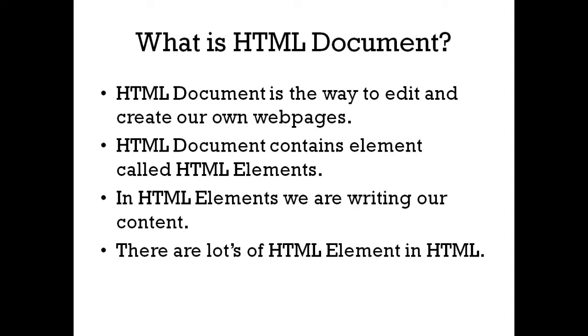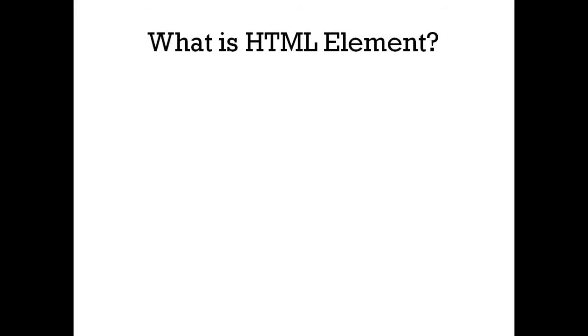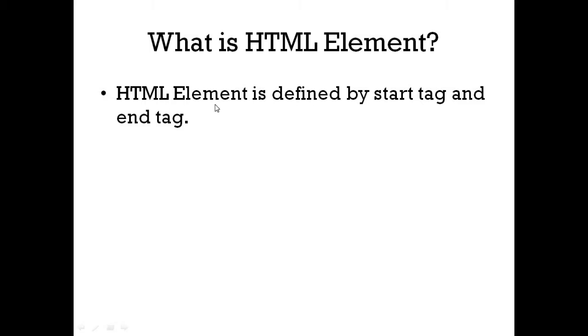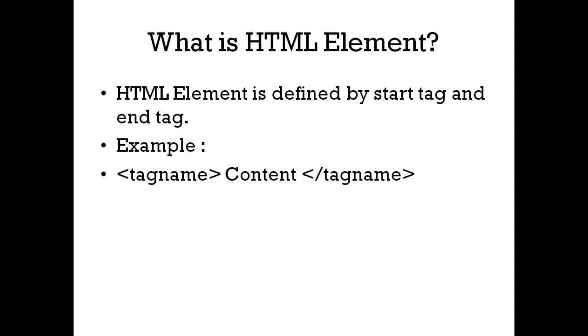Now let's understand what an HTML element is. An HTML element is defined by a starting tag and an ending tag. Let's understand it. You can see the example here.